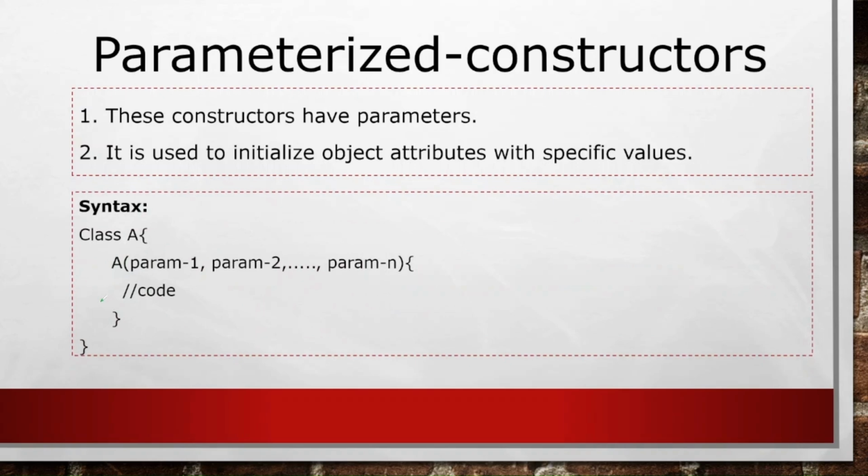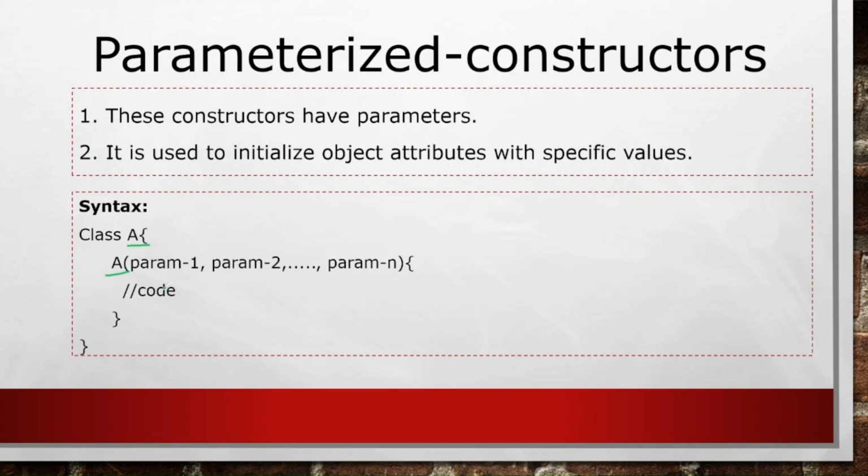Here the syntax is class A, and the constructor also has the same name, but here there are some parameters or arguments, say parameter 1, parameter 2, like that. We can send any number of parameters. So this is called a parameterized constructor.